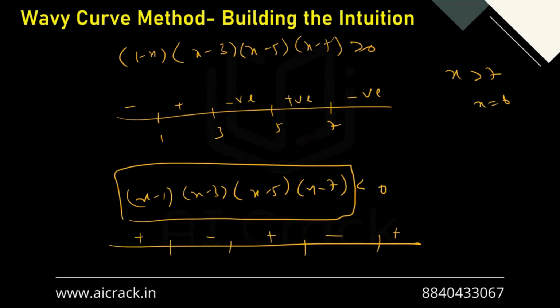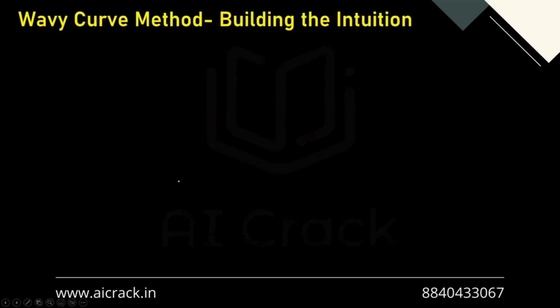So we have formed one specific rule: if we have this kind of standard format, regardless of whether we have a greater than sign or less than sign over here, we are going to follow this particular pattern, and we'll see afterwards how to solve with the help of this pattern. But the pattern is plus minus plus minus plus in case we have written everything in the standard format. This has been established until now.